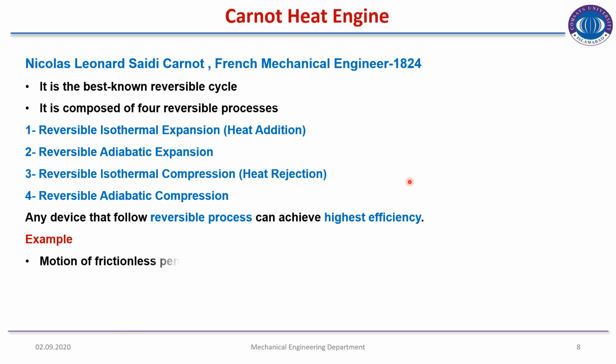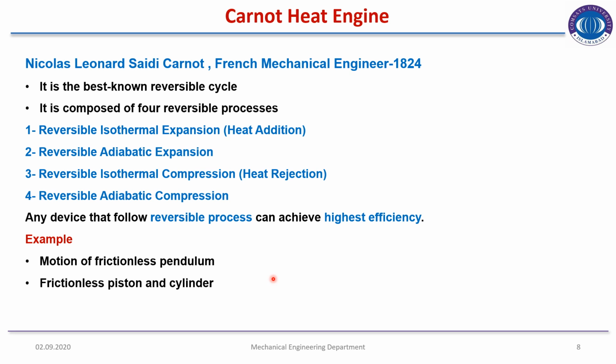Example: motion of a frictionless pendulum. As the name suggests, frictionless, therefore the effect of friction will be neglected or absent. Therefore the motion of a pendulum without friction is an example of a reversible process. Next, frictionless piston and cylinder.